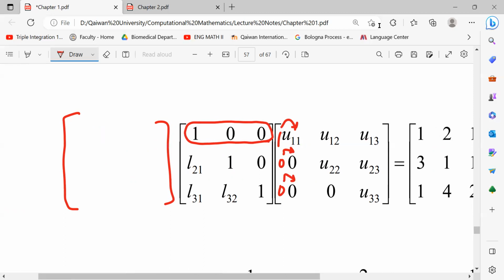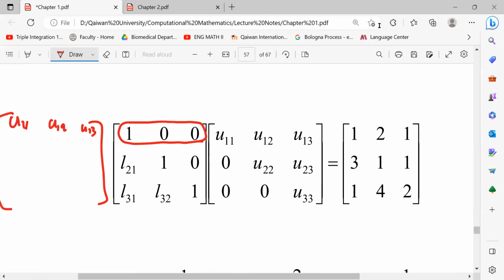We get U11. Then, multiplying by the second column, 1 times U12, 0 times U22, plus 0 times 0, and we get U12. Then, multiplying by the third column, 1 times U13 is U13, then 0 times U23, 0 times U23, is 0. So the result is this.